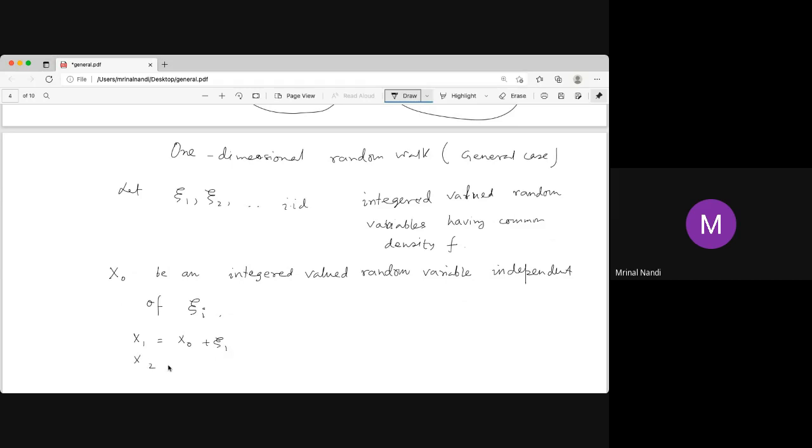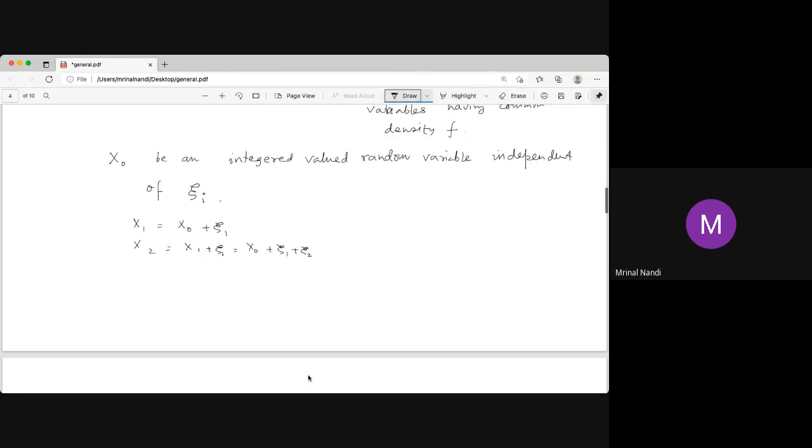Then x2 is x1 plus xi2, which is actually x0 plus xi1 plus xi2. Then xn is defined as x0 plus xi1 plus xi2 up to xin.